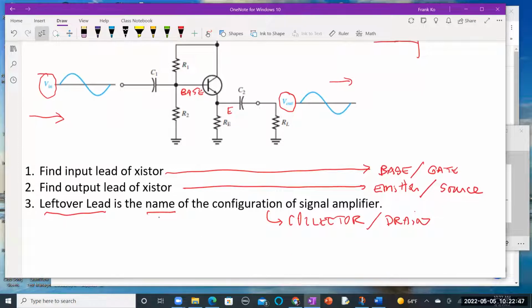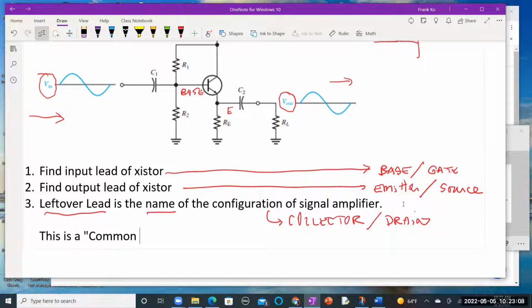So how would you name this particular one? The leftover lead. Common source amplifier?